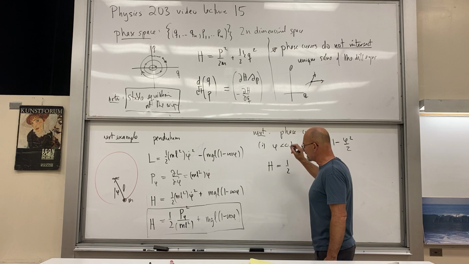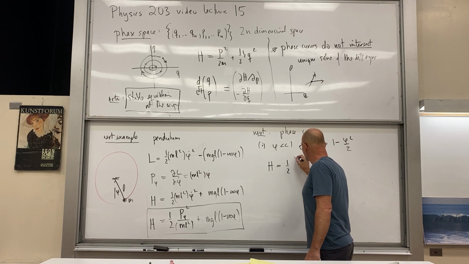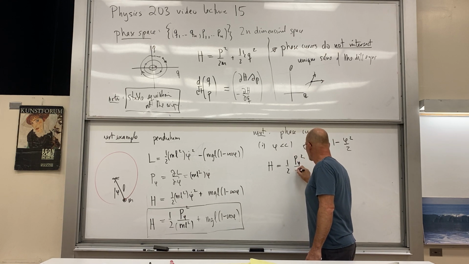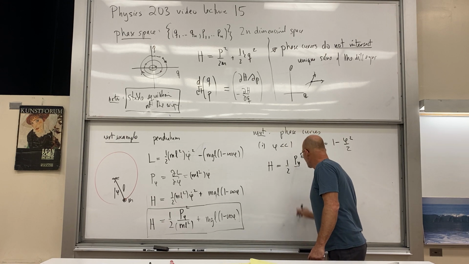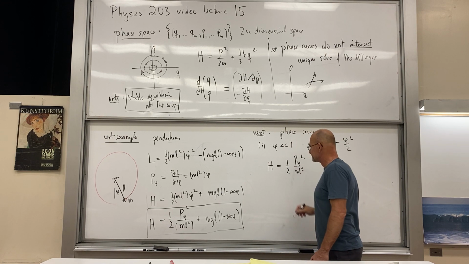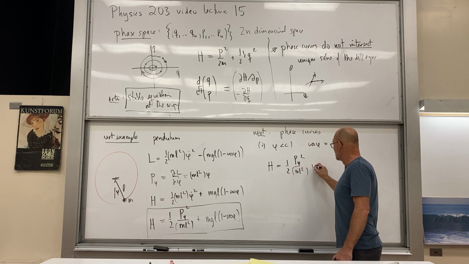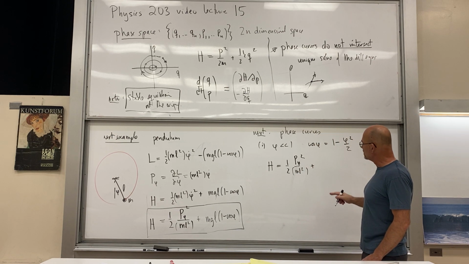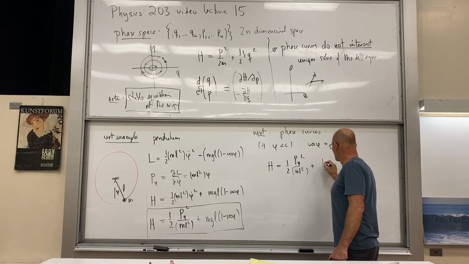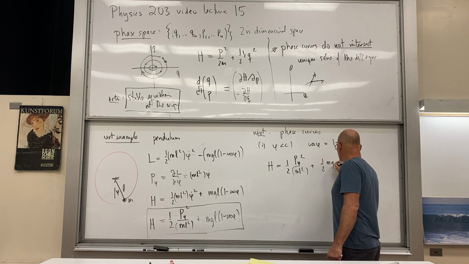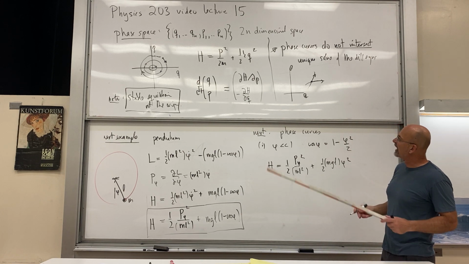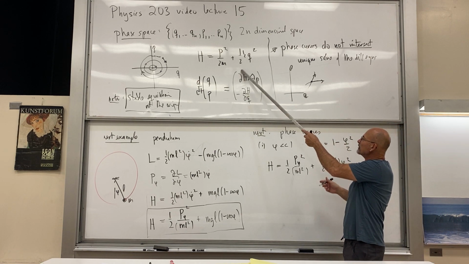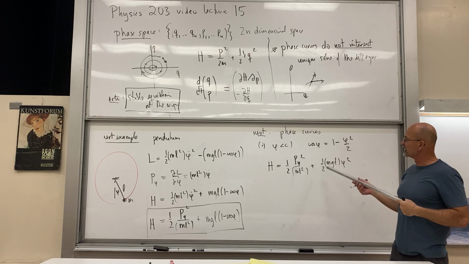So the small oscillations version, we've got p sub phi squared over 2ml squared plus mgl phi squared over 2, so plus 1/2 mgl phi squared.